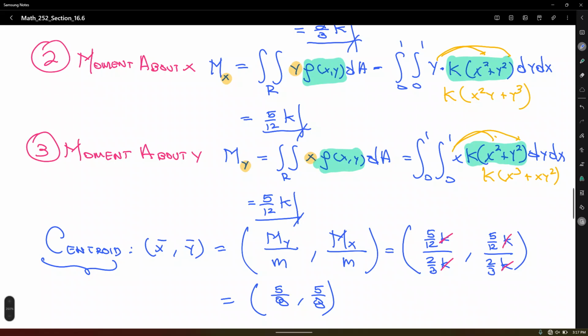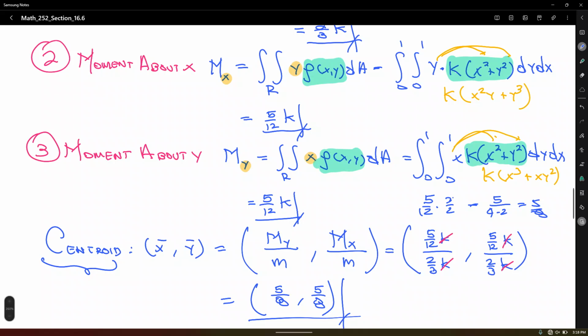And likewise, for the y coordinate of the center of mass, divide the moment about x by the mass. That's again 5 over 12 over 2/3. Now 5 over 12 divided by 2/3 is the same as multiplying by 3/2, which reduces to 5 over 4 times 2, which is 5 over 8. So the coordinates are 5 over 8, comma 5 over 8.